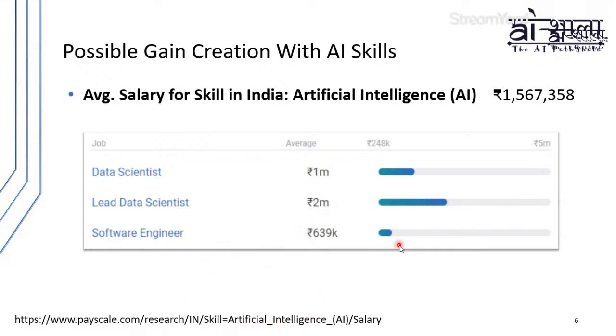What they found is that in India, the average software engineer earns 6.39 lakh per year. And if you are a data scientist, it's 1 million, that means 10 lakh a year. And for a lead data scientist, it is 20 million. This is a few years old data, but the actual numbers have gone very high nowadays.